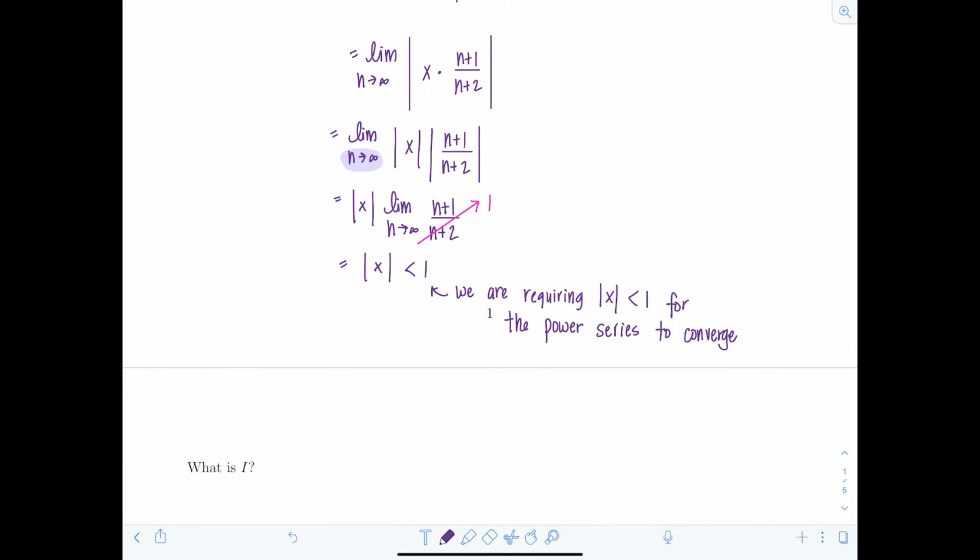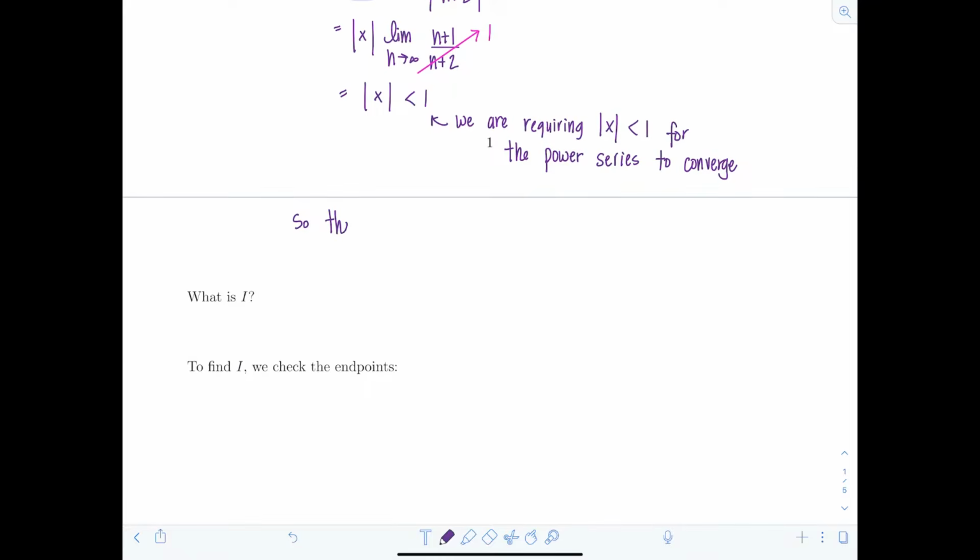Okay, so what does this mean for us? Well, that means that the radius of convergence is equal to 1. So the radius of convergence, which you can just write R, is equal to 1, okay?